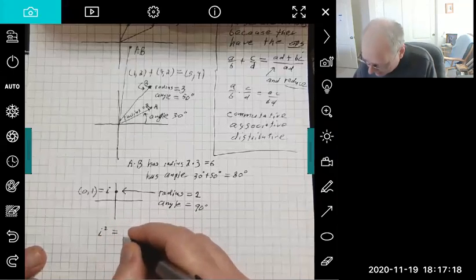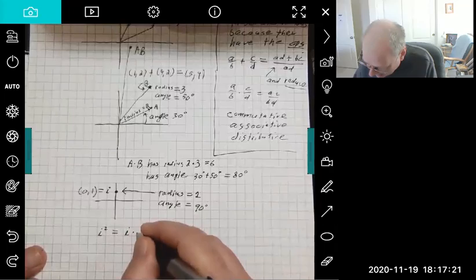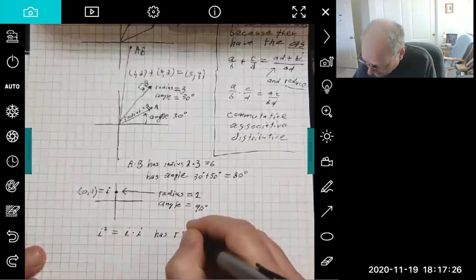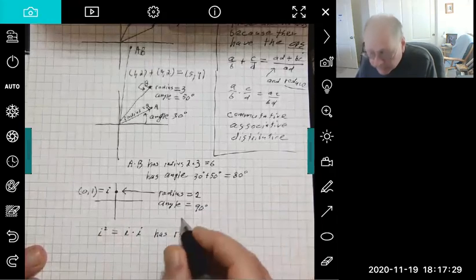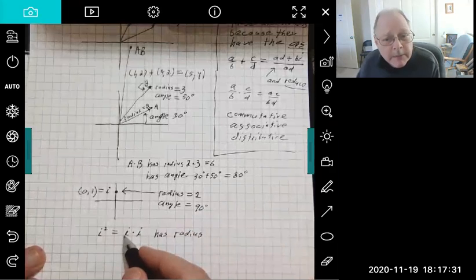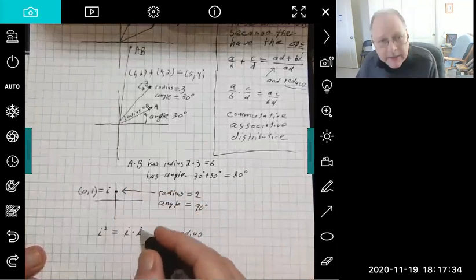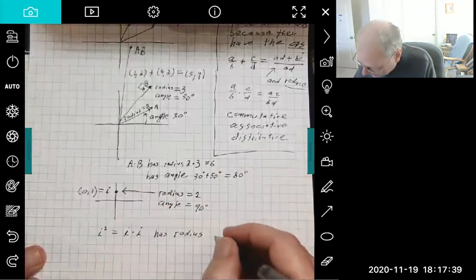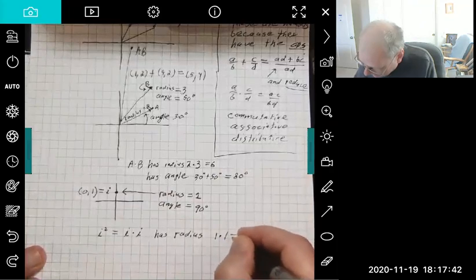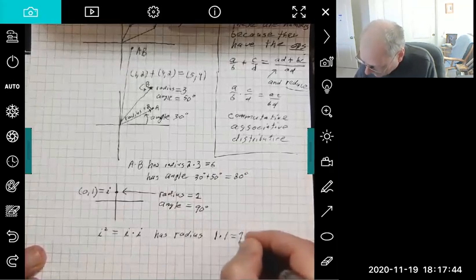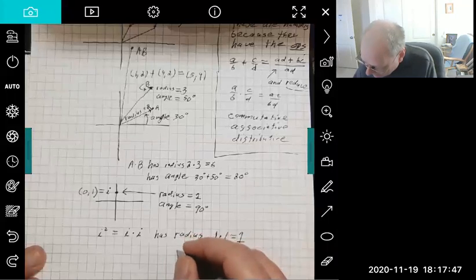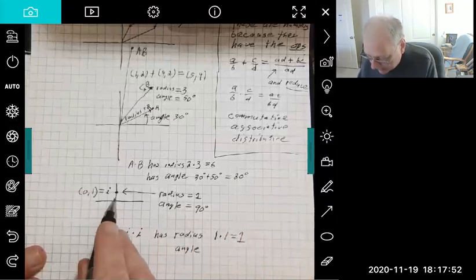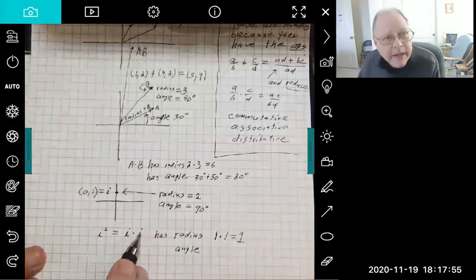But if you do I squared, that's I times I. The radius, you multiply the radius of the first I times the radius of the second I. That's 1 times 1. And angle, you do the angle of the first number plus the angle of the second number.